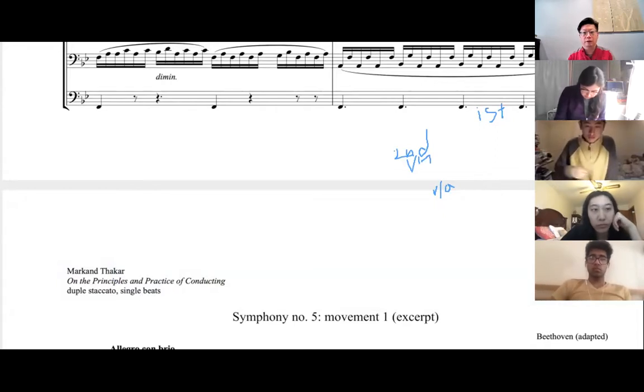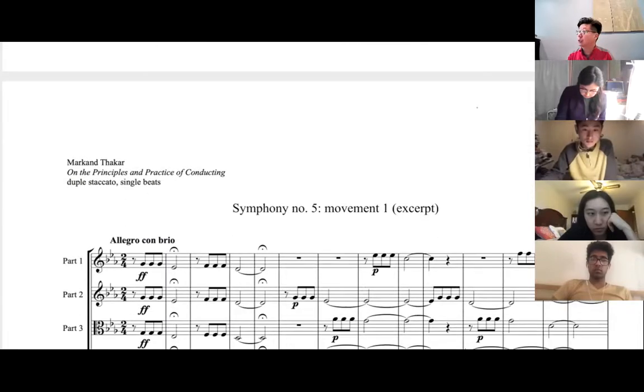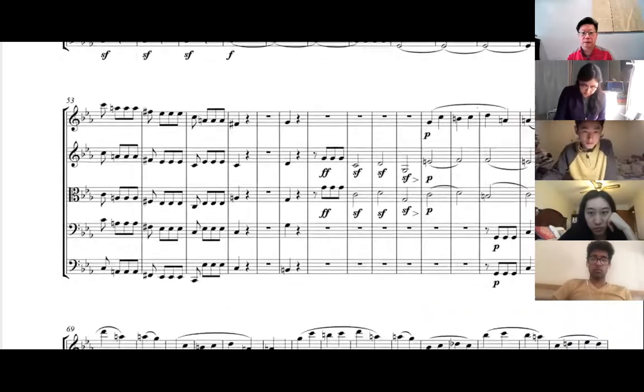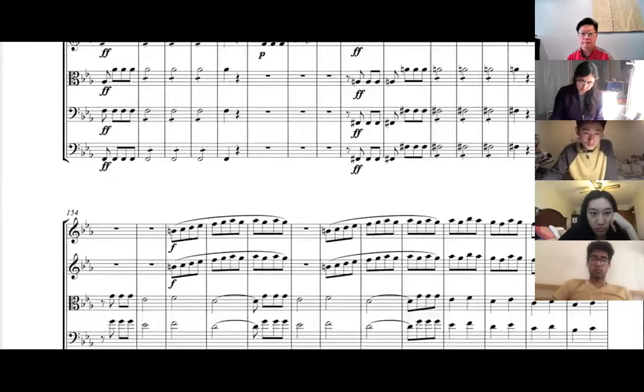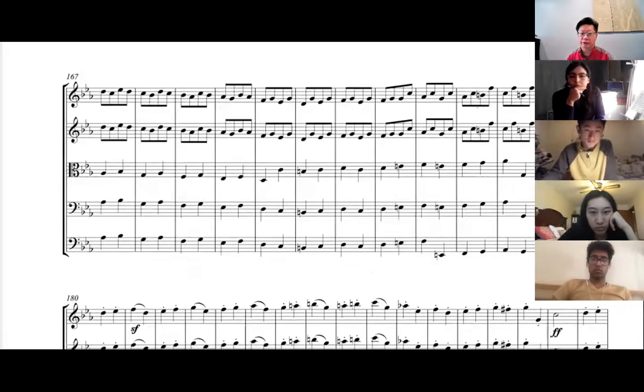Okay, I'm gonna erase some of these markings first. Okay, actually, we have just a couple minutes. All right, one tricky turn. Actually, let's go to this place.